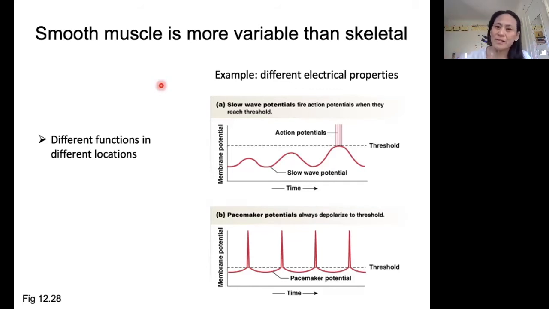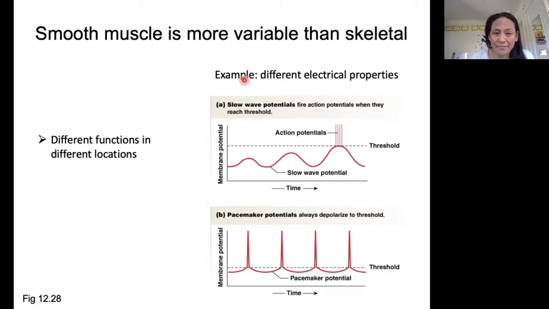You look at smooth muscle in one location of your body, it's going to be very different from the smooth muscle in another location in your body. Okay, so the big point here is that smooth muscle is going to be really variable. So really different characteristics from one smooth muscle to another smooth muscle. And we can't make a lot of generalizations about smooth muscle.